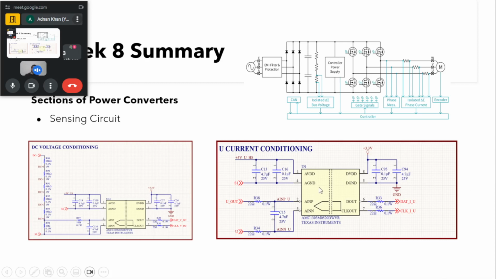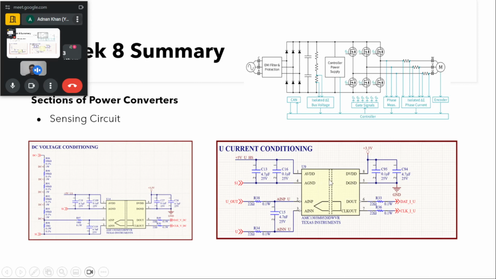And why these isolated amplifiers are used, we can have non-isolated as well, but as we had seen in previous sessions, there should be some isolation between the power side and the signal side.